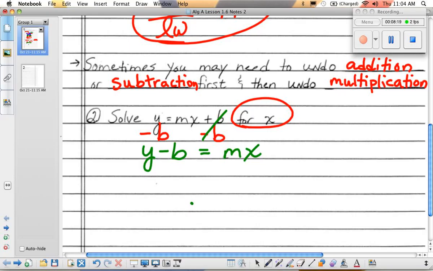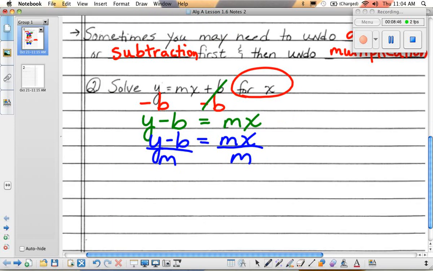What would be our next move in this one over here? We divided by 2, so here we would divide by m. So now we're going to write the equation again and divide by m on both sides. And you'd have x equals y minus b over m.